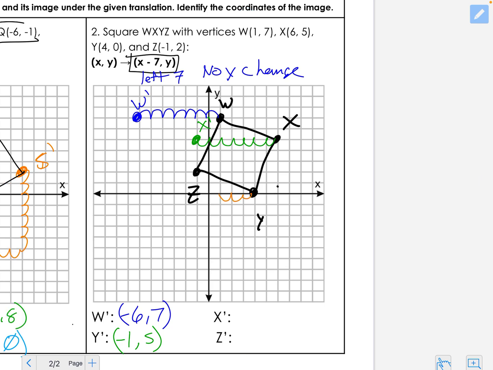Y, 1, 2, 3, 4, 5, 6, 7. This is Y prime, which 4 minus 7 is a -3, and the y value did not change. 1, 2, 3, 4, 5, 6, 7. This is my Z prime. And so if we go -1 minus 7, we should get a -8, and then our y value does not change.